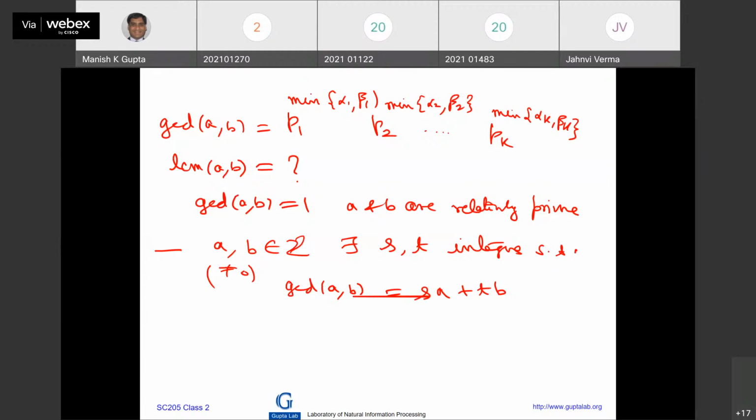At this stage you can try to look at some examples and see this is the case. Or if you want, you can try to prove it anyway.